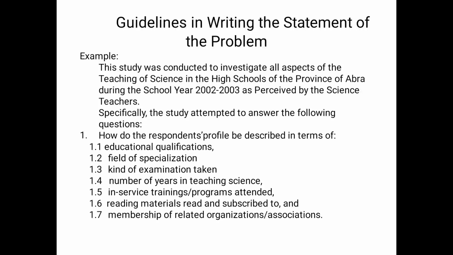Example, another example is this one. So, ang pinaka-general niya is, this study was conducted to investigate the aspects of teaching science, blah, blah, blah. This is the general. Specifically, the study attempted to answer the following. 1, the respondent's profile. So, 1.1 to 1.7 is the subterms or subvariables that support number 1.